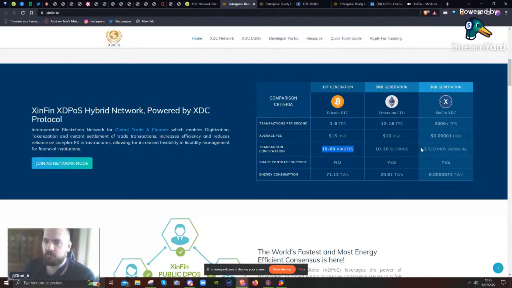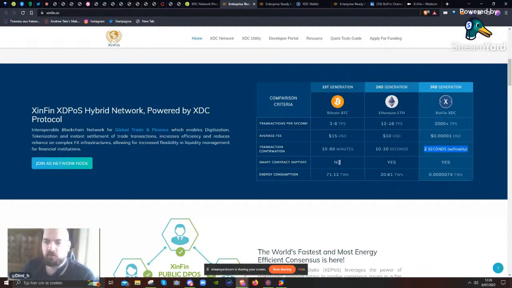Ethereum, 2 seconds without finality. So yeah, also in these cases, all depends on the paid transaction fee, and in the case of Ethereum, even gas fees. They say 2 seconds, okay, also depending probably on the paid transaction fee.